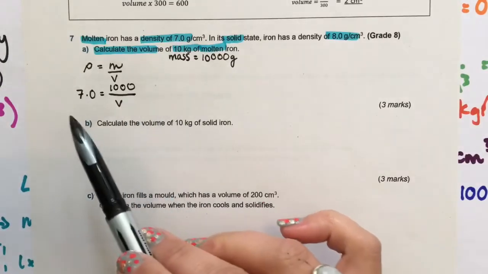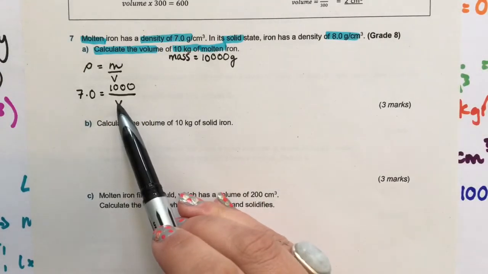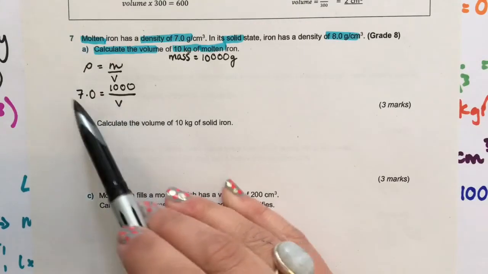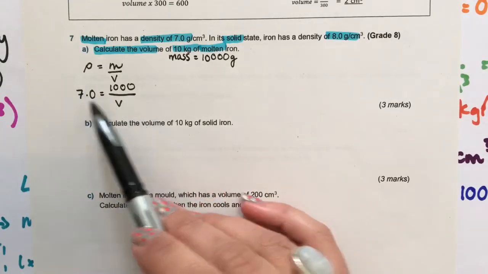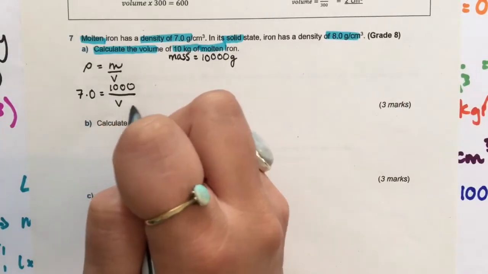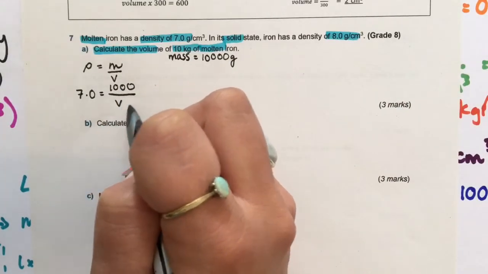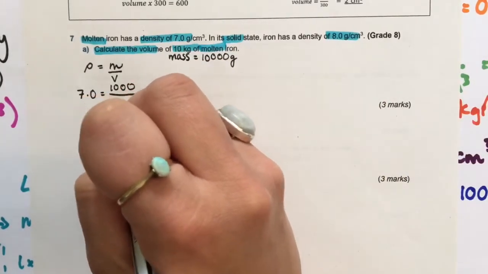So this is a two-step kind of rearrangement, because the volume is on the bottom. What we need to do is move the volume from here, so we get 10,000 by itself, and then make volume the subject on the other side. To remove divided by volume, we need to do the opposite, which is times by volume.